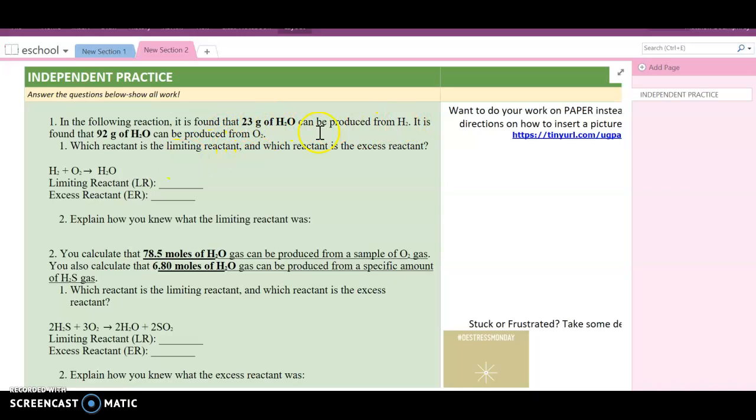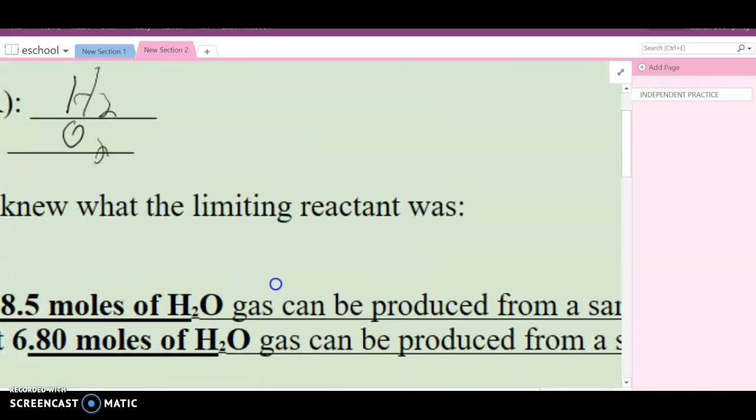This one, H2, because it only makes 23 compared to 92. So I'm going to write that my limiting reactant is H2, and my excess reactant is going to be O2.